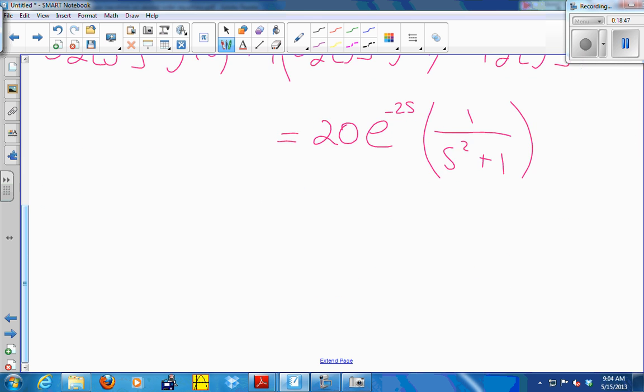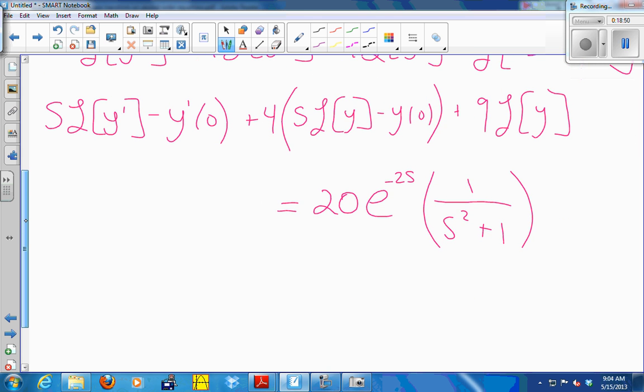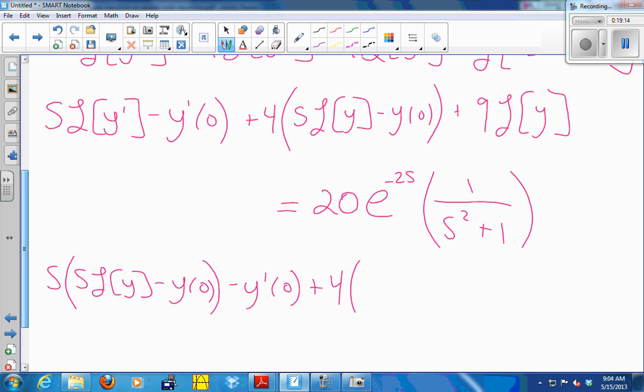All right, so now I can do another simplification, my Laplace of y prime. So I'm going to have s times the Laplace of y minus y of 0, then I still have minus y prime of 0, plus 4 times s times the Laplace of y minus y of 0, plus 9 times the Laplace of y.